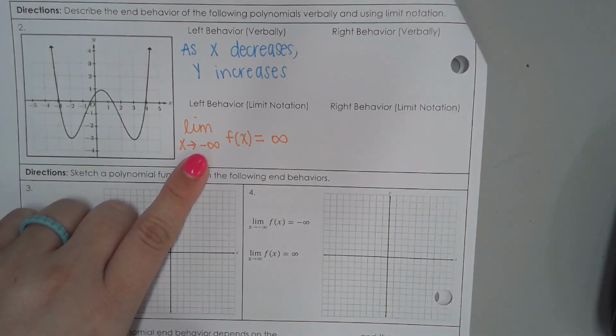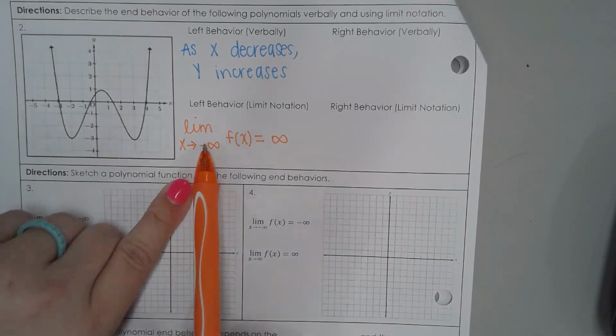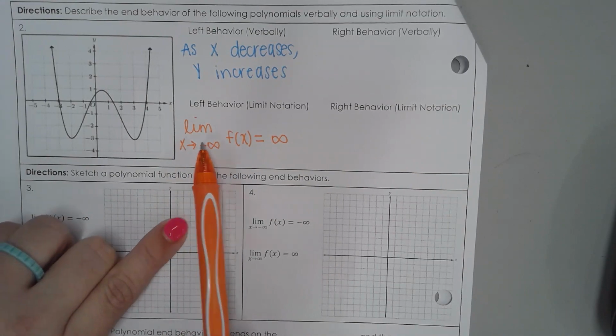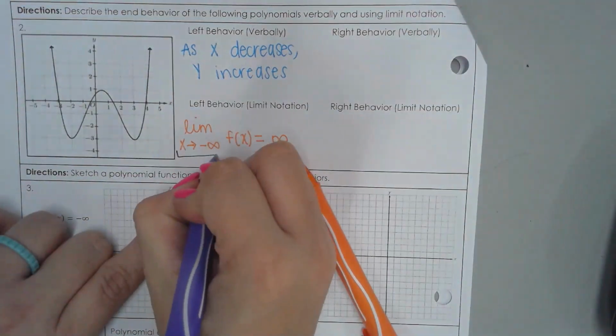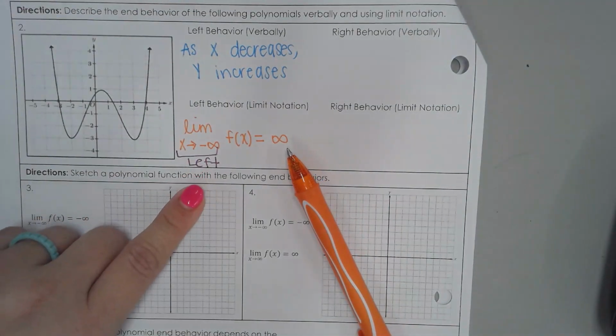So does the one that the x points to depend on if it's increasing or decreasing? Right. So if we're talking about the left side, your x's always decrease on the left. So when you're talking about the left side, it's always going to be this. X approaches negative infinity. That right there specifically means left. So you're always going to have that for left.